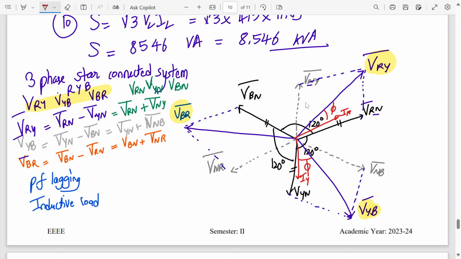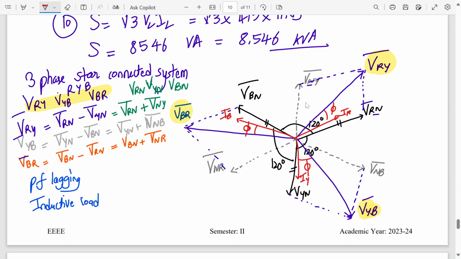And here it will be over here. Current is always lagging behind the voltage. Voltage is first. Okay, what way is it coming? Like this current, so IB. This angle is phi.